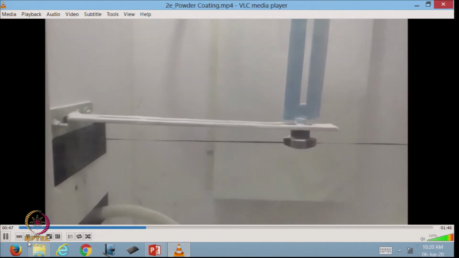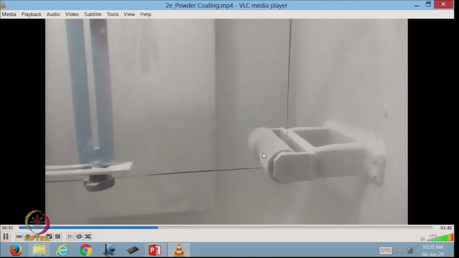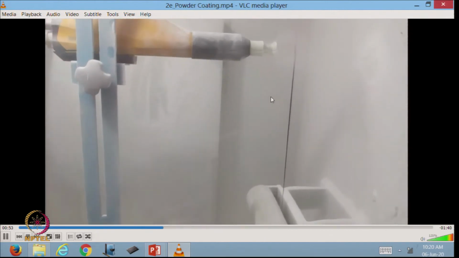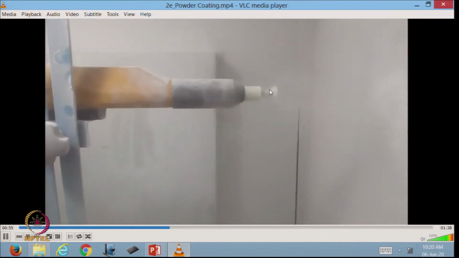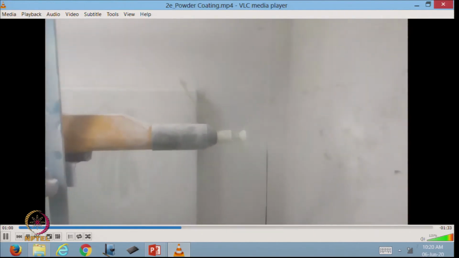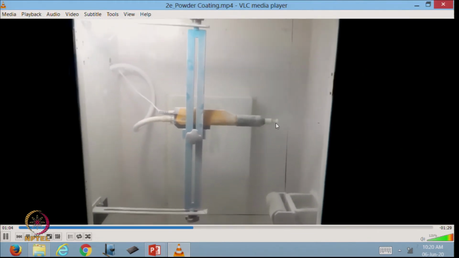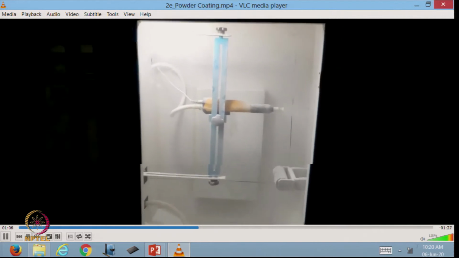Now, the carbon tow is entering, and there is a spray gun which is coating the carbon tow with the polypropylene powder, charged powder.